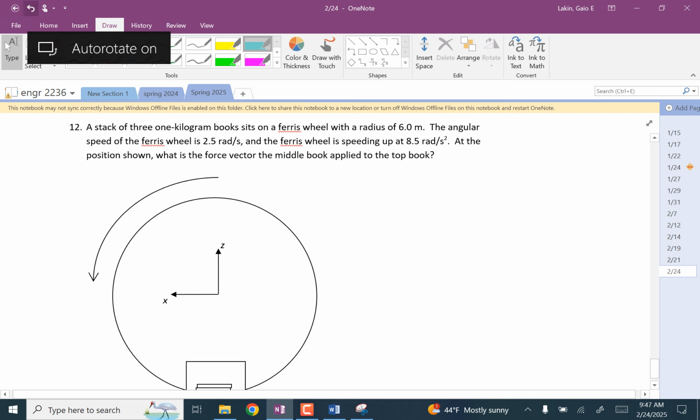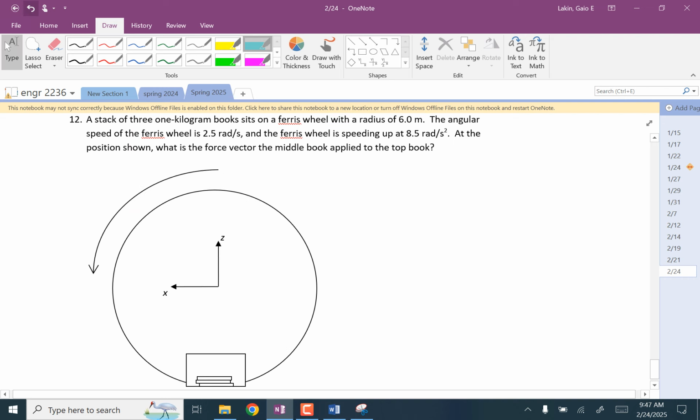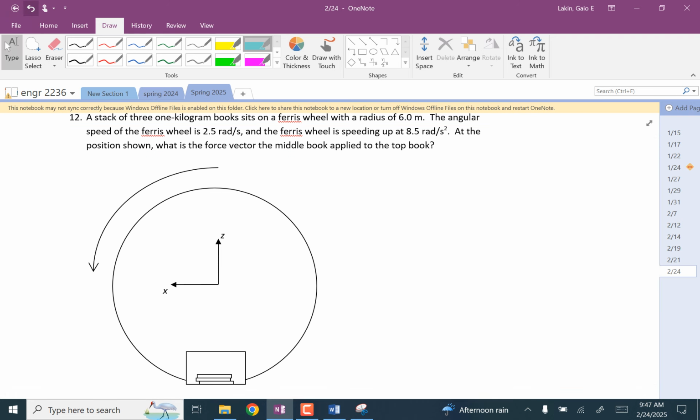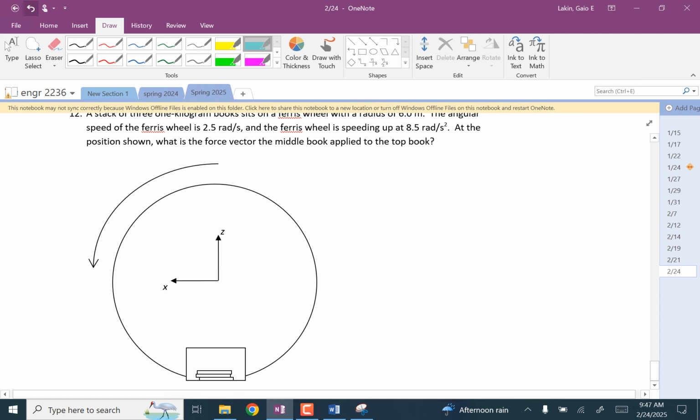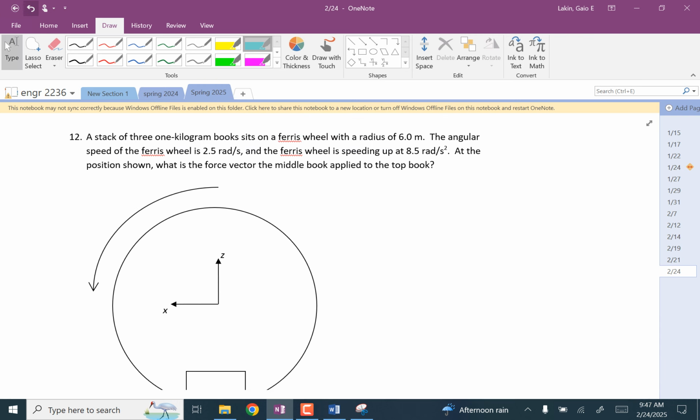Okay, so one thing about this is we're assuming that those books don't have any significant thickness compared to the radius. And so we're assuming they're all at the same location for calculating R. If we had the thicknesses of the books, we could calculate that, but we don't. They're each 1 kilogram. So it has this angular speed.